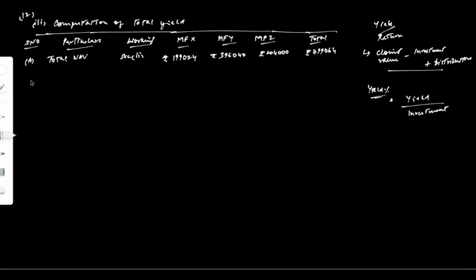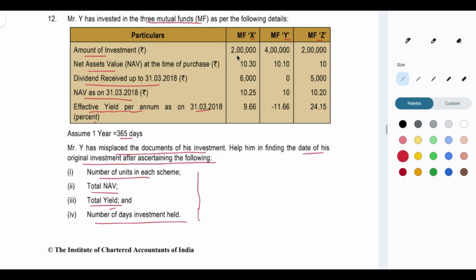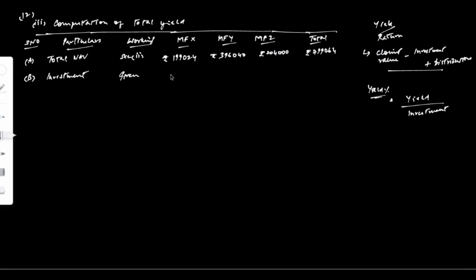The investment already given is 2 lakh, 4 lakh, 2 lakh, and the total will be 2 plus 4 plus 2, that is 8 lakh.